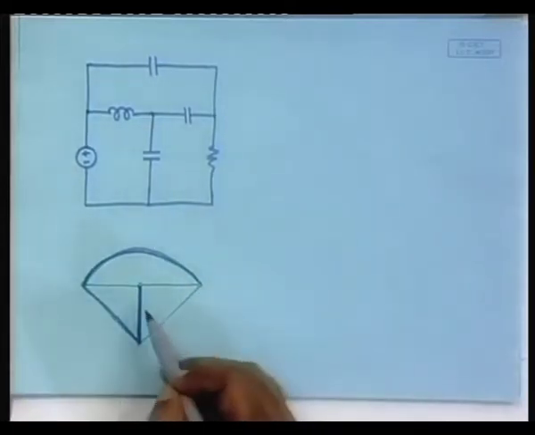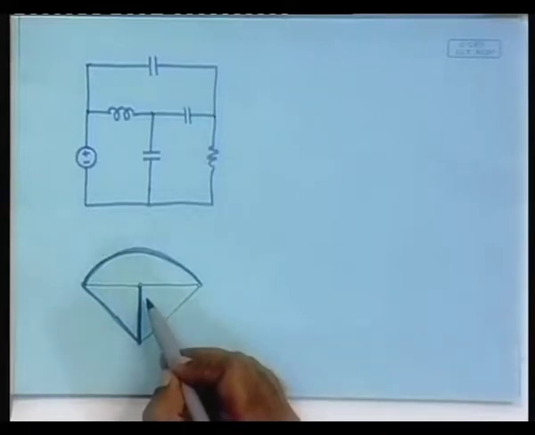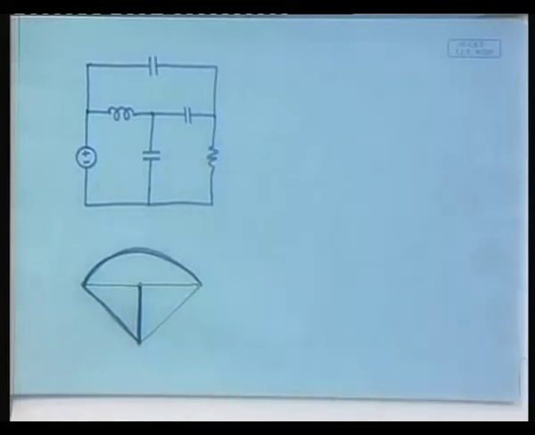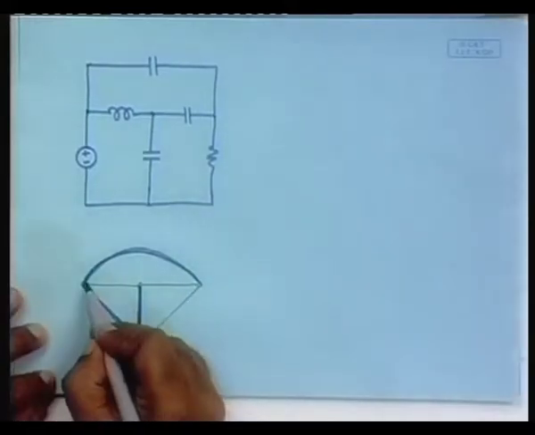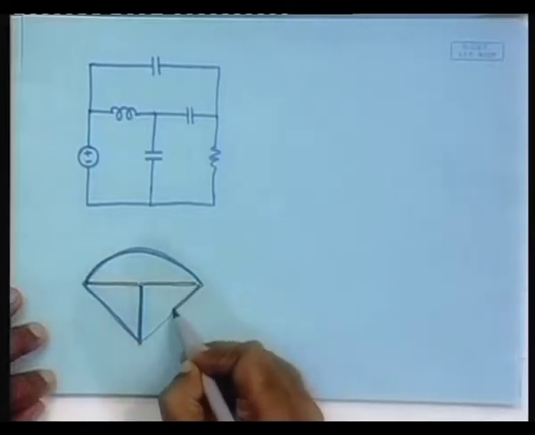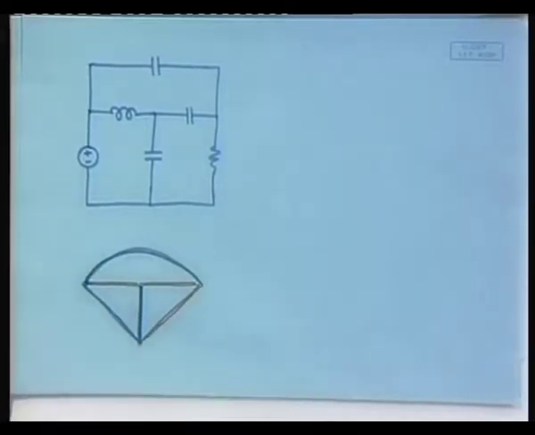So, we find that we are unable to include all the capacitances. So, this one remains out. Then this one becomes part of the core tree. These are the core tree branches. Fine. Good. So far no problem, let us go ahead with it.